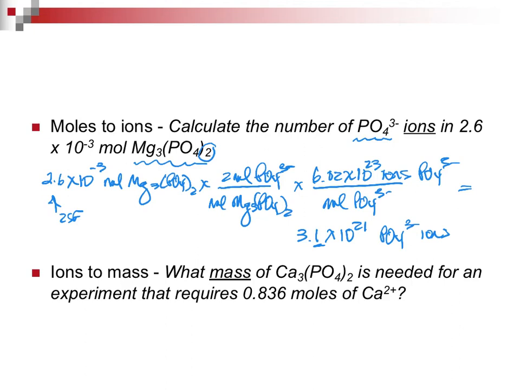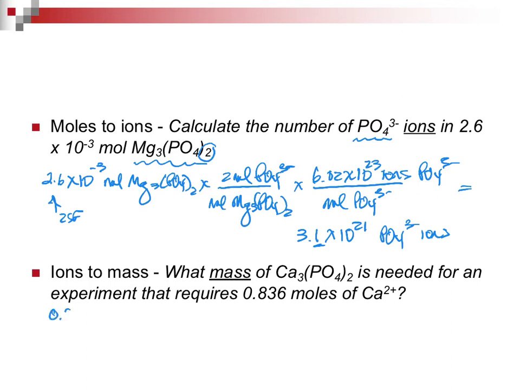All right. So this had to do with magnesium phosphate. The last one has to do with calcium phosphate. I'm going to write the math down, and as you look at the math, see if you can follow the labels. Now, normally in class, what I do is I do labels on the board. I leave out all the numbers, and I just put all the labels. Can't quite do this online.